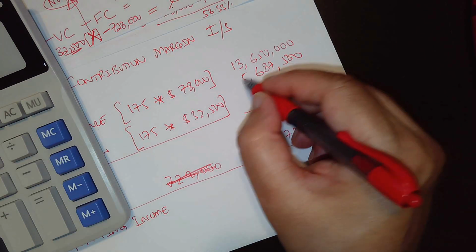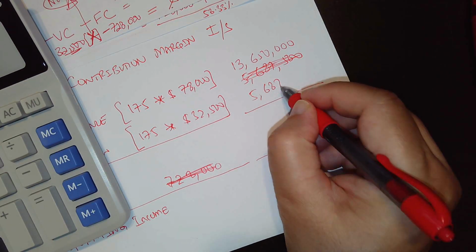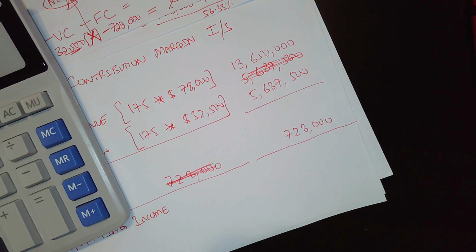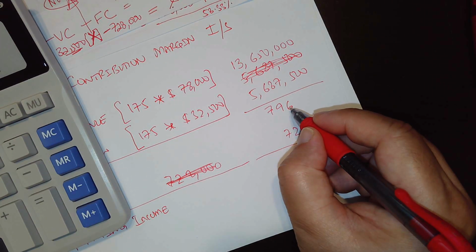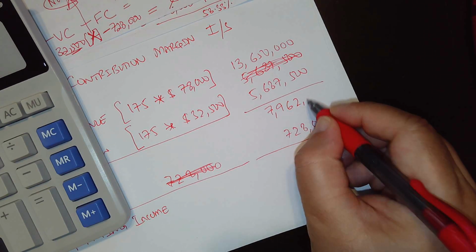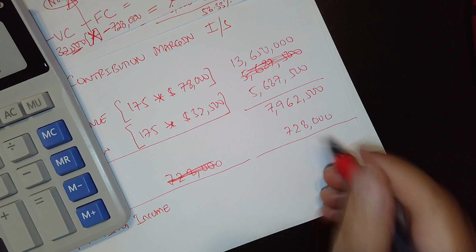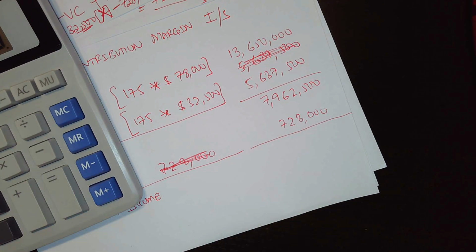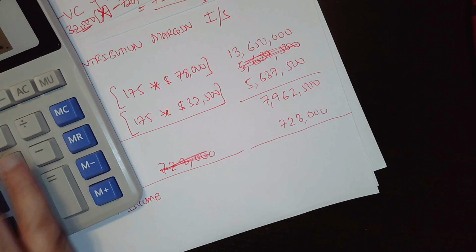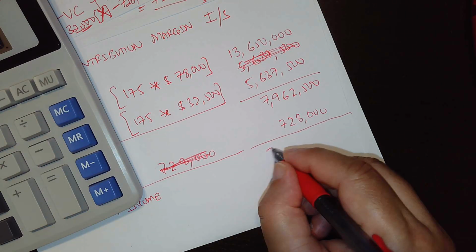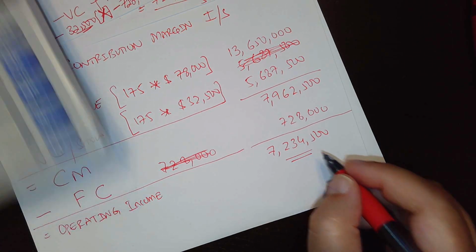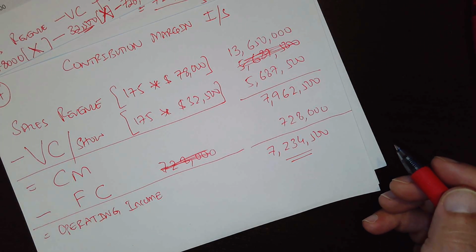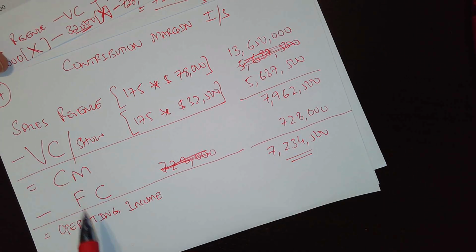When we subtract this from 13,650,000, that gives us 7,962,500. And we subtract our fixed cost of 728,000. That gives us 7,234,500. So that will be our operating income after taking off all the variable costs and all the fixed costs.